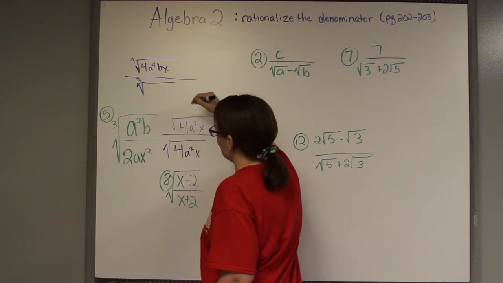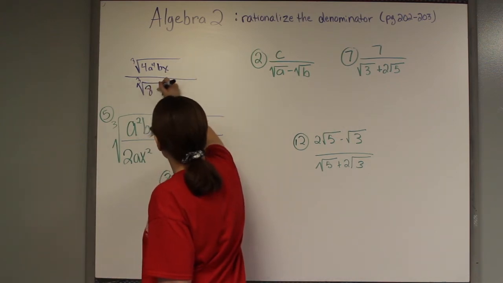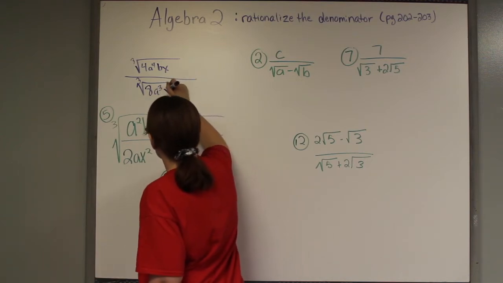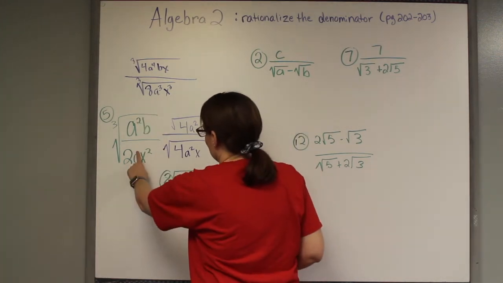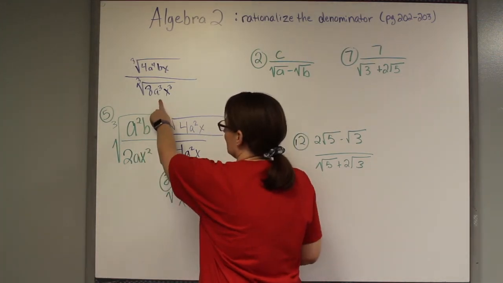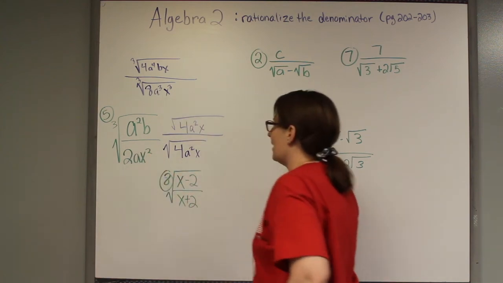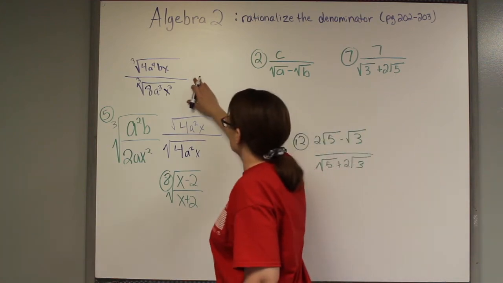You can still use the big one if you want. I'm going to have 8a^3 x^3. Okay, that's 2 times 4 makes 8. A to the first and a squared make a to the third, and x squared and x makes x to the third. Okay, now I need to simplify this.